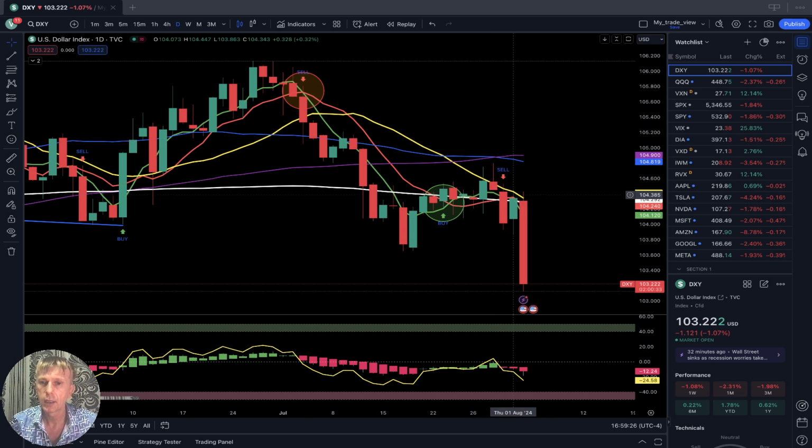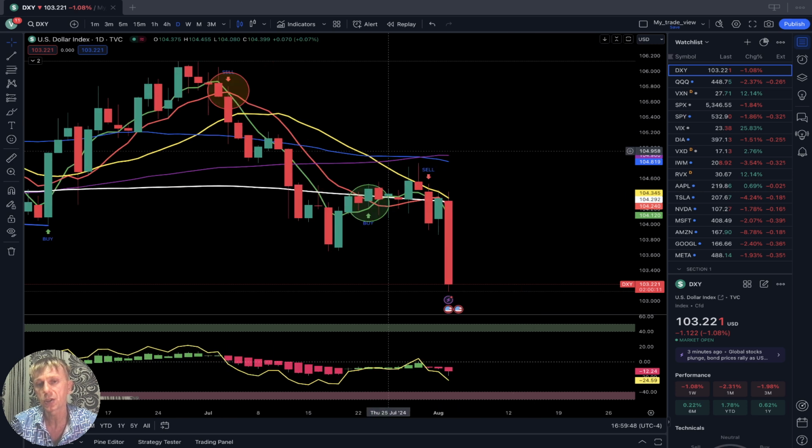especially with SMA 20 ready for a bearish crossover over 200. It is a very bearish setup because of the SMA 20. It was trying to bounce from 200, it tried several times, but it will continue bearish because of the bearish setup.